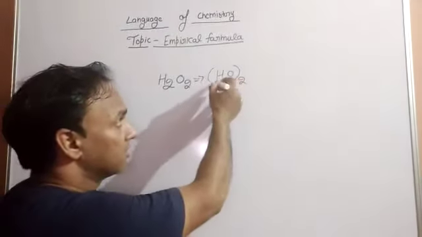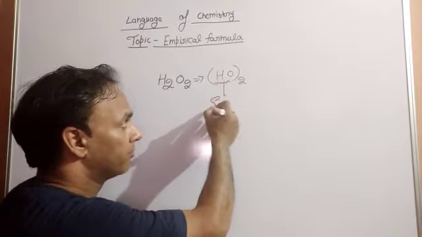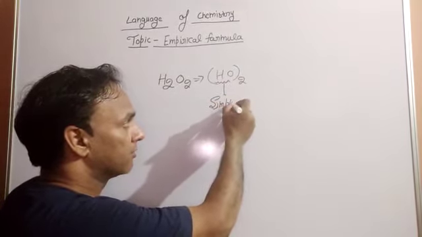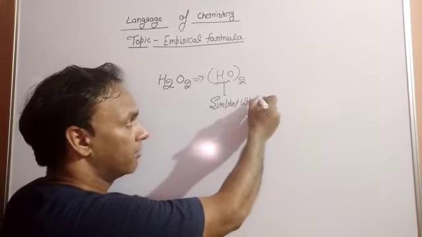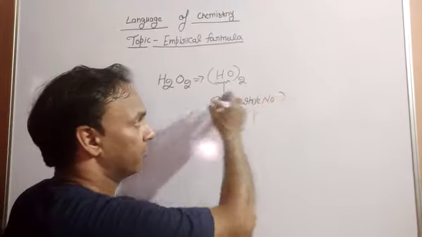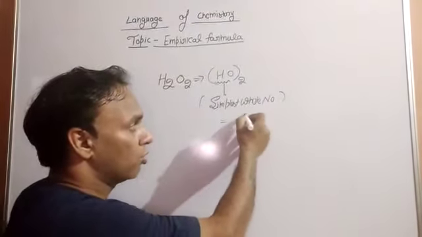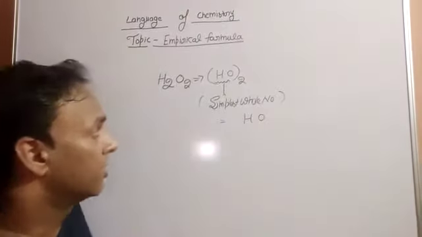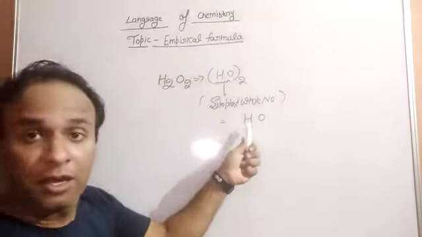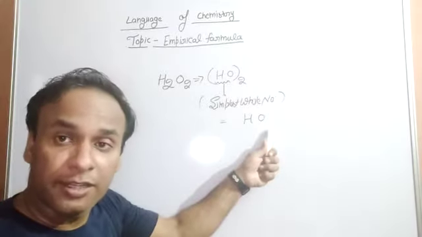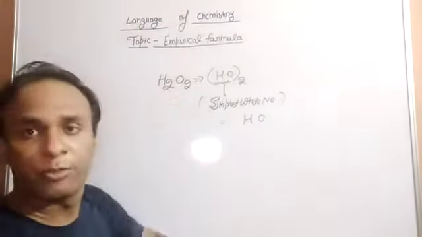That means this is the simplest whole number ratio, and this is called the empirical formula. So HO is the empirical formula of hydrogen peroxide.